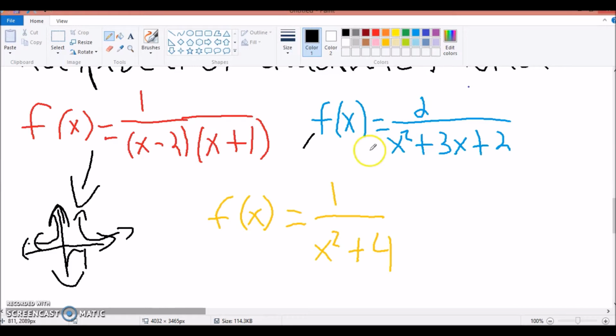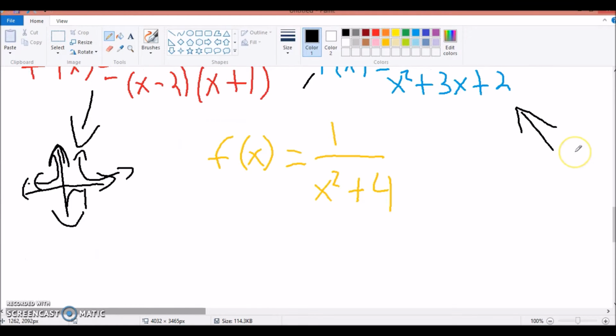For this function, you would have to factor it to solve for the two solutions, and once the two solutions are solved for, you can solve for the vertex. It will also have a three-part graph because it has two solutions.